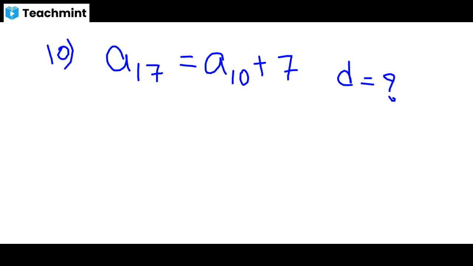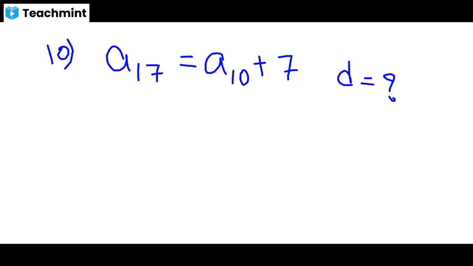The question is easy. Try to understand the question first when you get one like this. The 17th term of an AP we write as A17. That is equal to the 10th term plus 7, since it exceeds the 10th term by 7, so A10 plus 7.